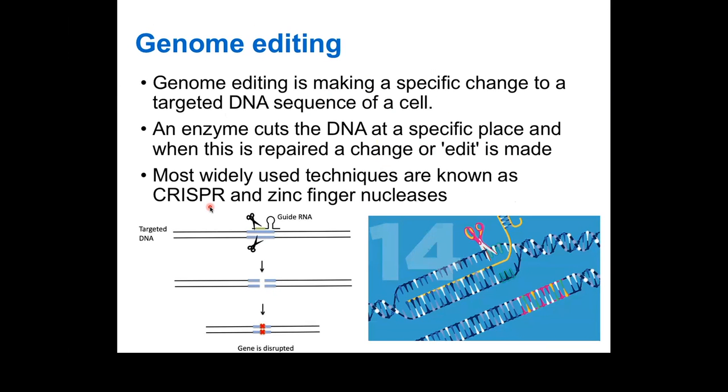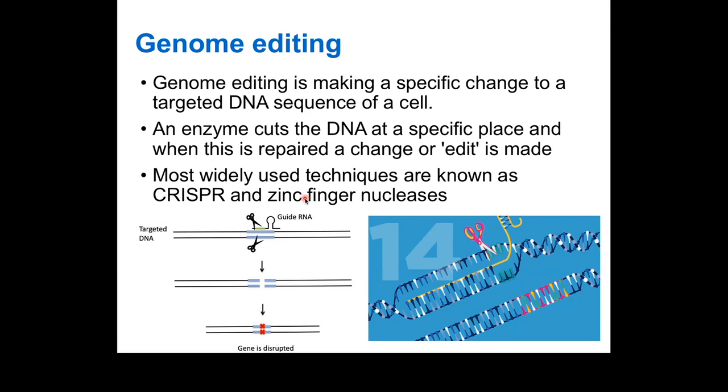In thalassemia, genome editing is making a specific change to a DNA sequence of a cell, so you can target. Whereas in gene therapy, you put the gene in, you don't know where it gets inserted. Whereas in gene editing, you can exactly target the place that you are going to mutate, using an enzyme which cuts DNA at a specific place, right?